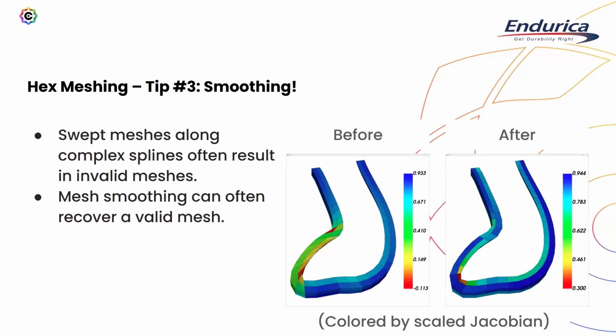You can see the scale Jacobian here is negative, telling us that those red elements are actually inverted. And so what we can do is we can apply smoothing. In this case, I used a Jacobian Laplacian smoothing after the initial mesh, which then recovered a valid and pretty high quality hex mesh in this case. So just because your initial mesh comes out poor, always consider smoothing in Coreform Cubit.